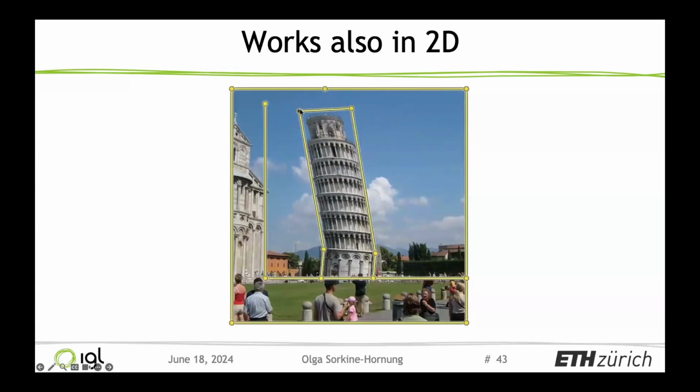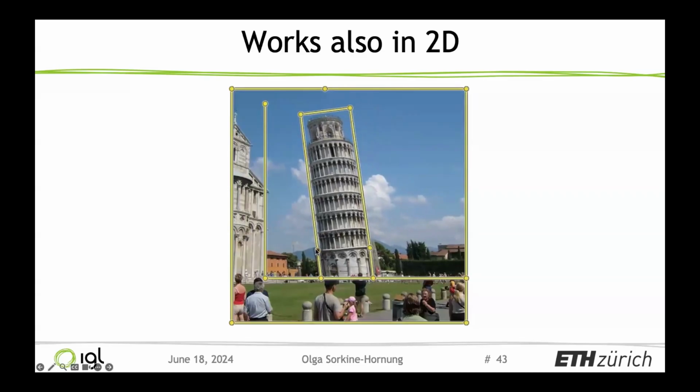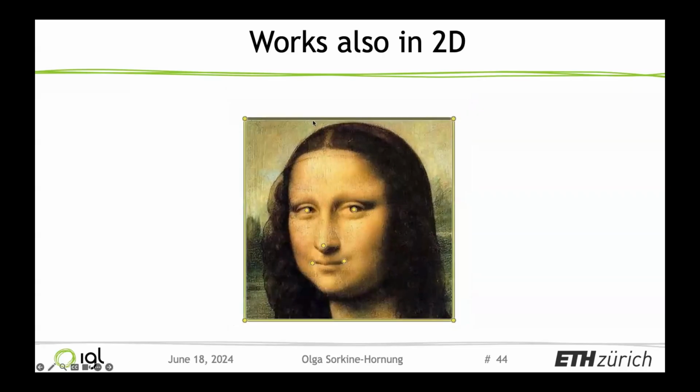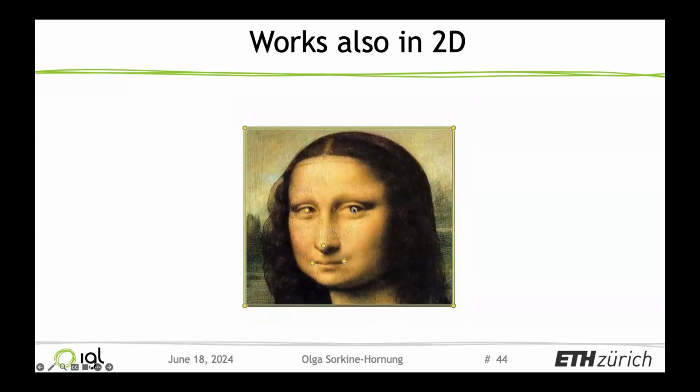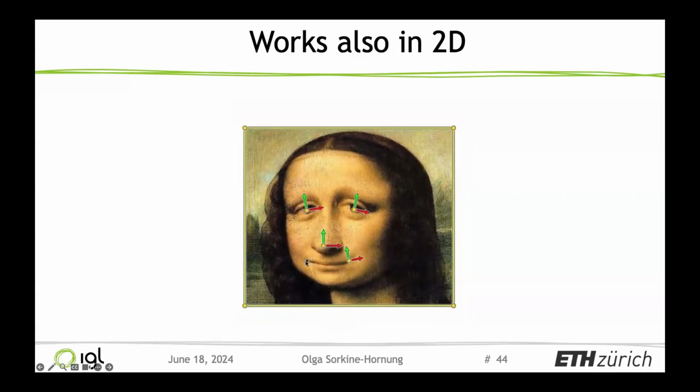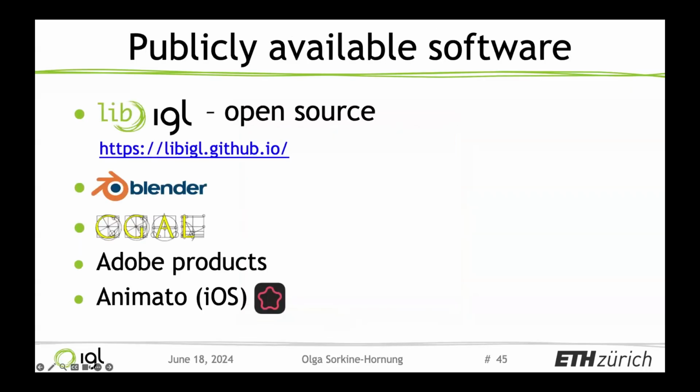So if you ever need to edit your photographs, you can do it like this. Here's making the Mona Lisa a little bit happier. I don't know if we were allowed to do that to the Mona Lisa, so I quickly skipped that slide.